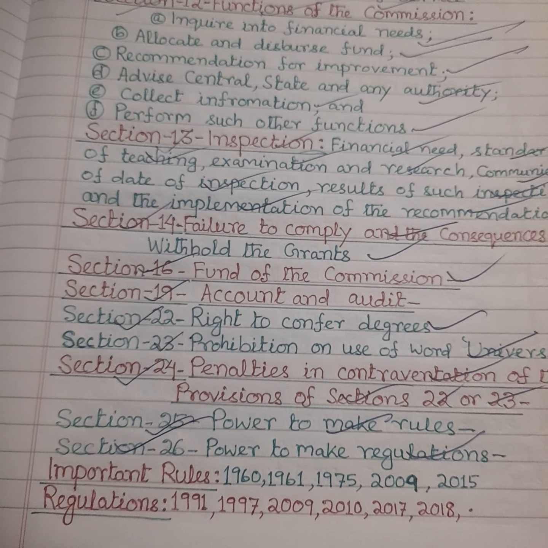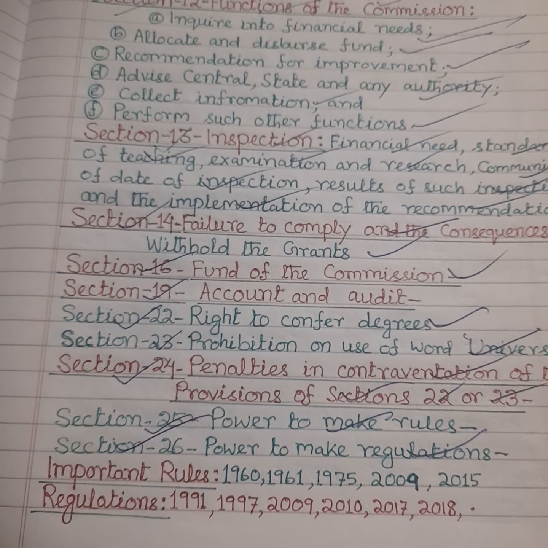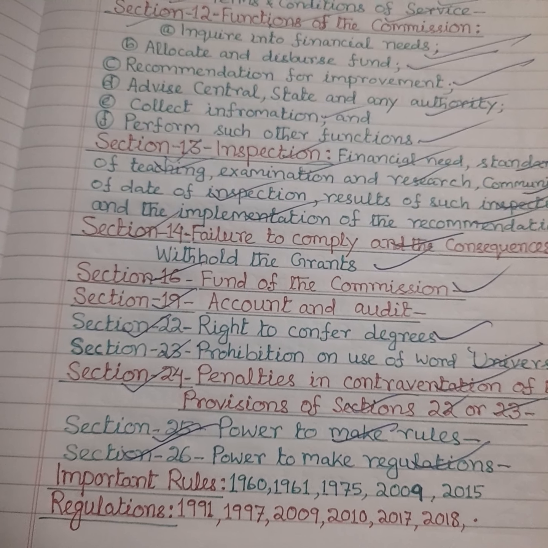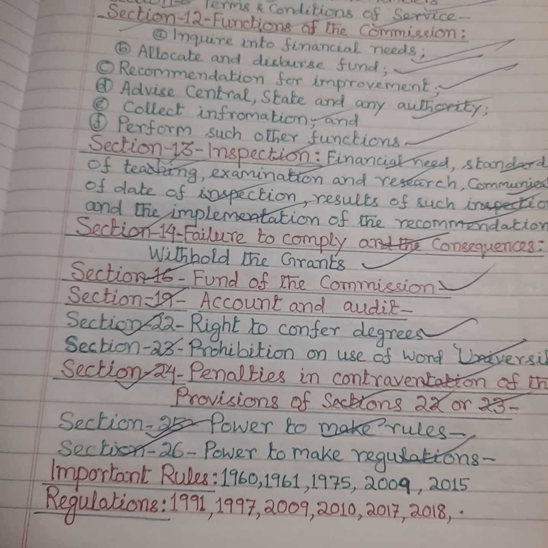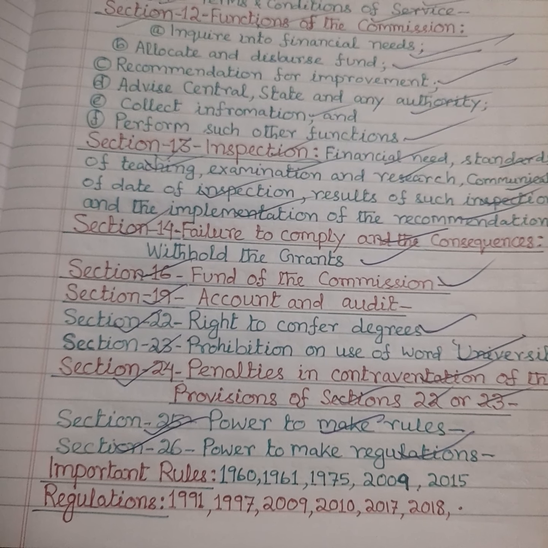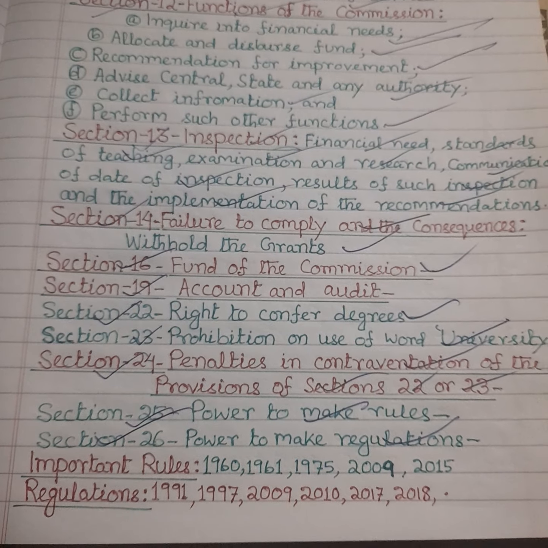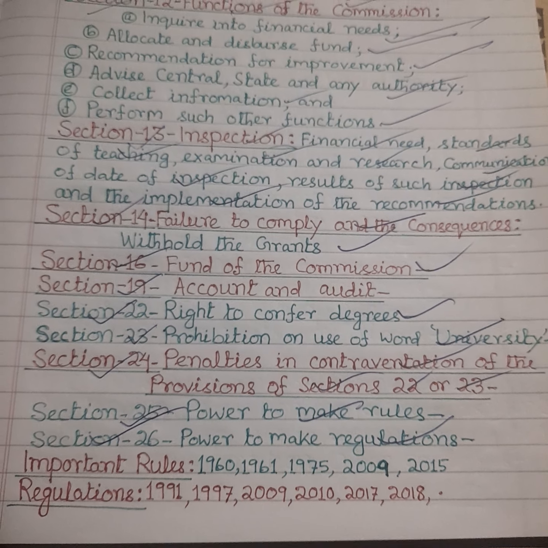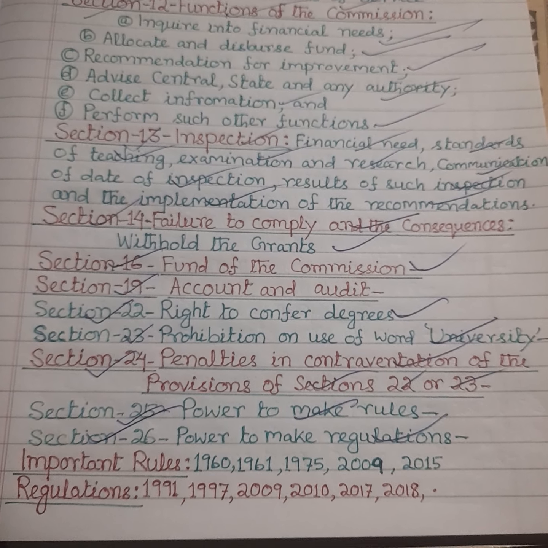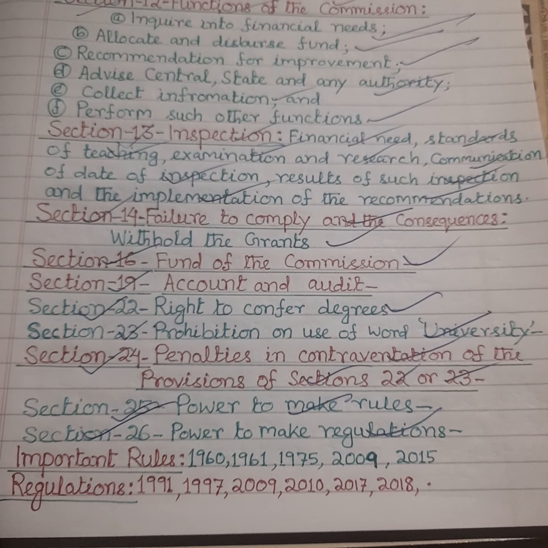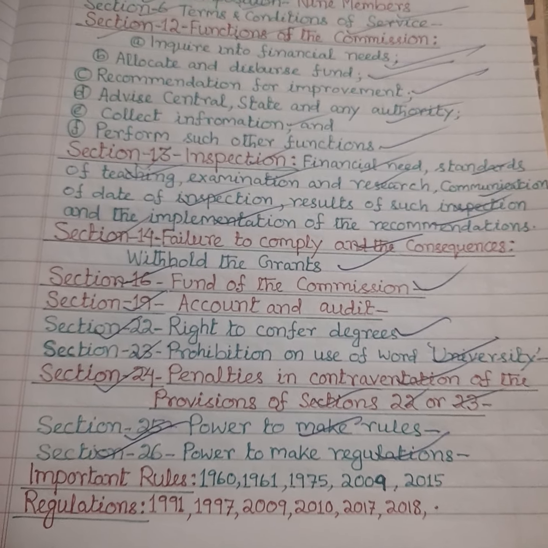Further, no regulation shall be made under Clause A or Clause B or Clause C or Clause D of subsection 1 of Section 26, except with the previous approval of the central government.